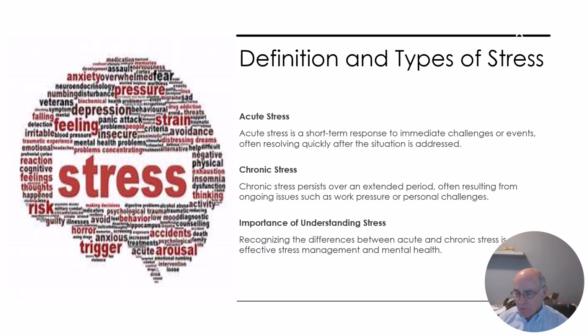And ultimately, at some point in time, there will be exhaustion where the body can no longer adapt to the ongoing, what's called allostatic load, meaning your body is designed to handle a certain amount of stress.